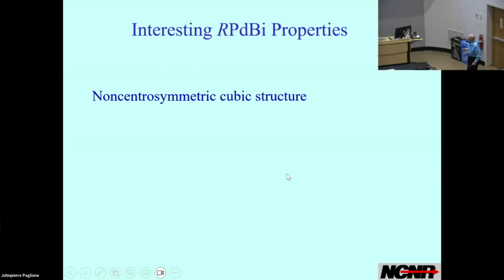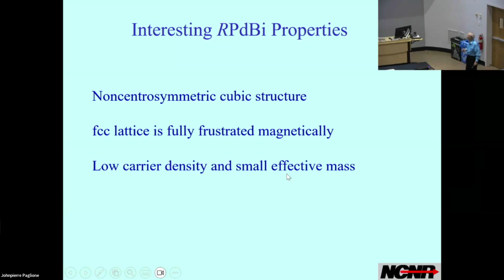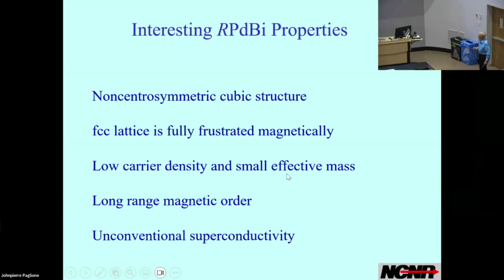And the interesting thing is that they're non-centrosymmetric, so that means that you can mix odd and even parities. The FCC lattice turns out to be a fully frustrated type lattice, low carrier density, and then there's long-range order and unconventional superconductivity. And these materials are also topological, so you got everything.